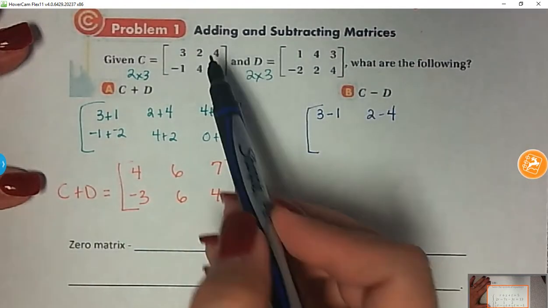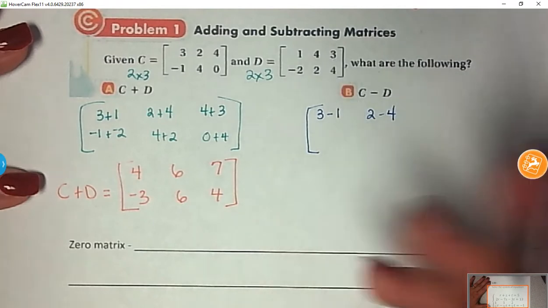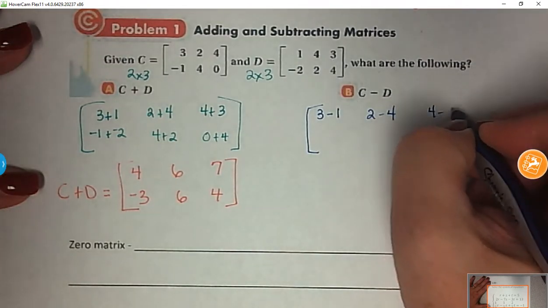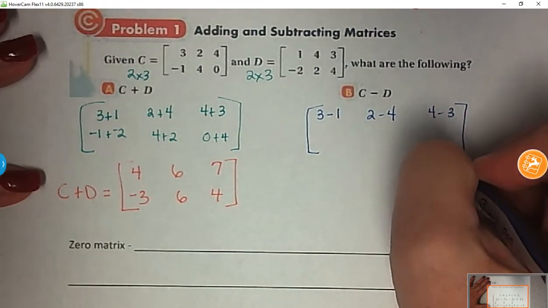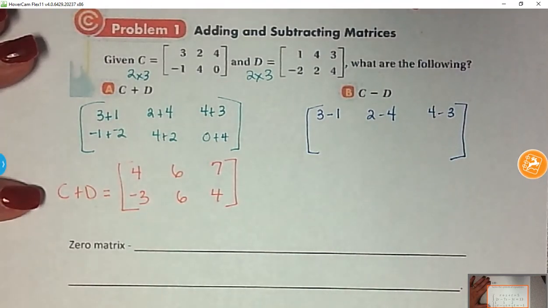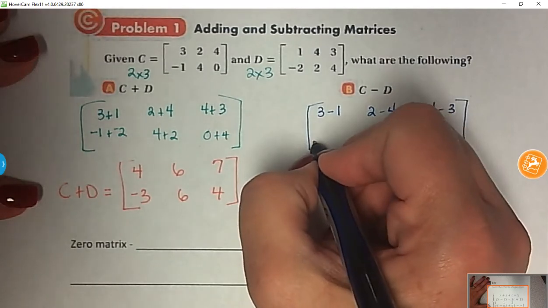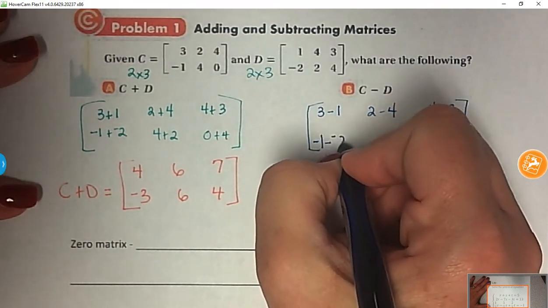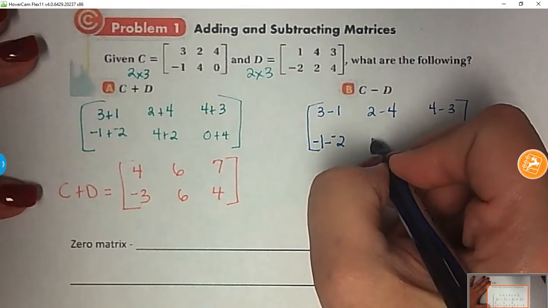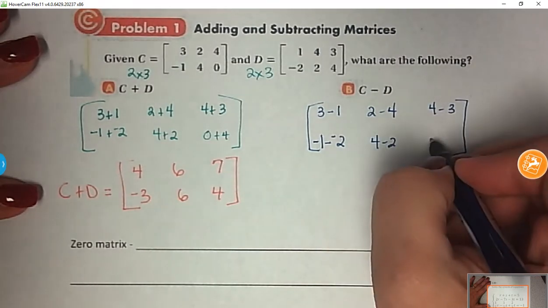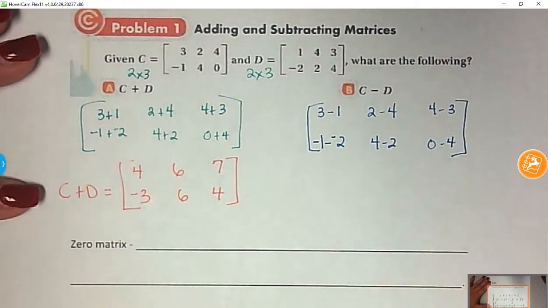Keep going on row 1 and have 4 minus 3. All right, row 1 is finished. Move down to row 2. Negative 1 minus negative 2. And then I have 4 minus 2 and 0 minus 4.